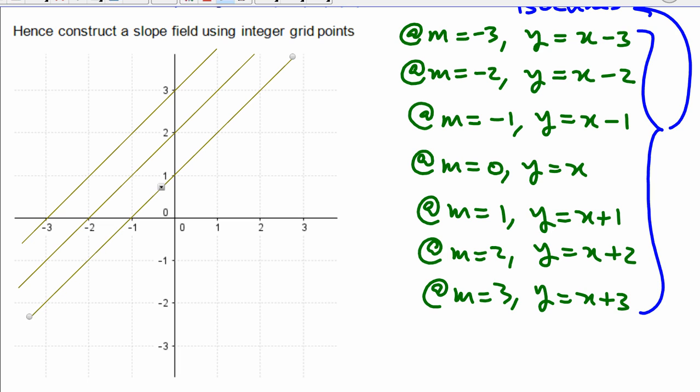It's a tedious process, as you can see, but this is how you approach these questions. So y equals x plus 3, x plus 2, x plus 1, x minus 1, x minus 2, and x minus 3.